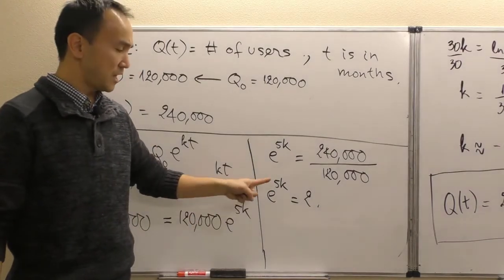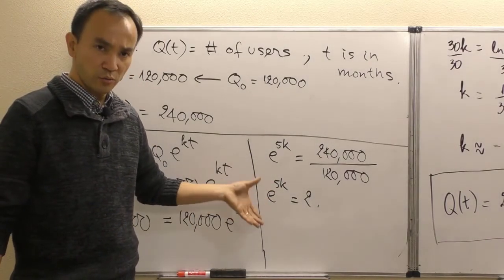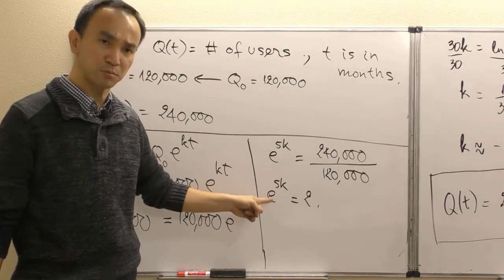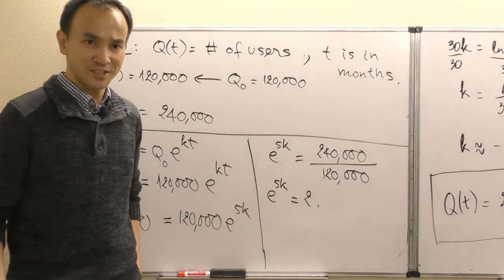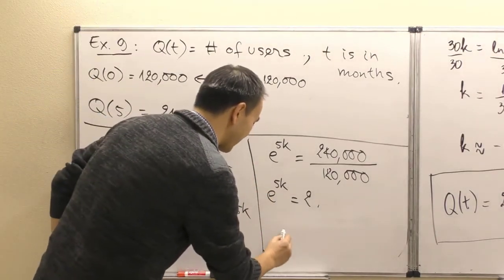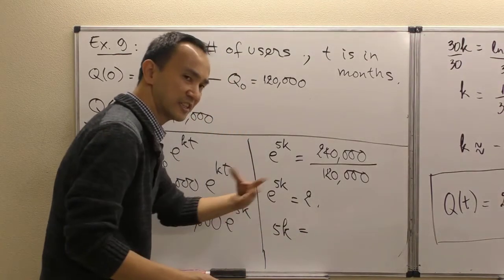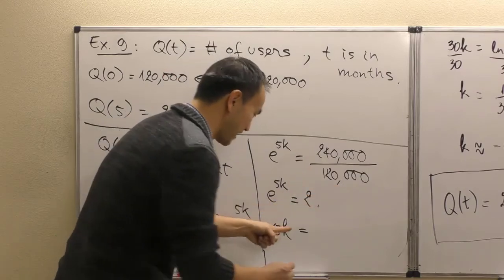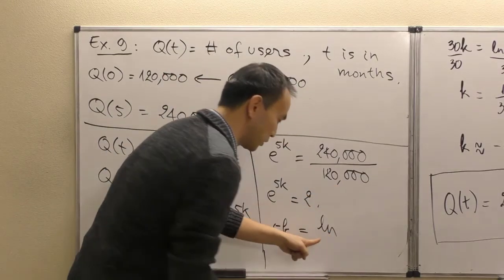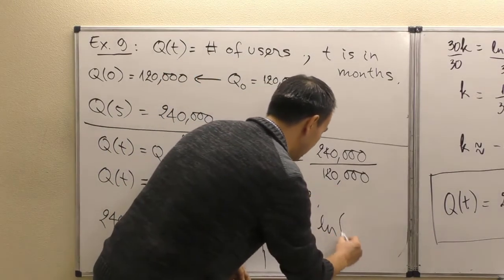Looking at this equation, what we have here is an equation in exponential form. In the equivalent logarithmic form, 5k equals log base e, or natural log, of 2.